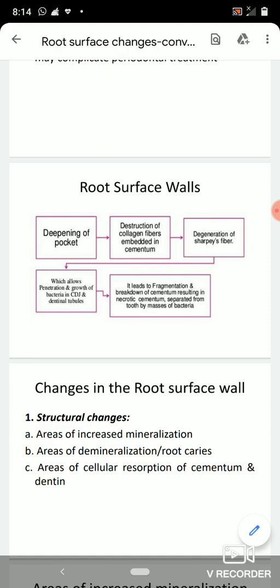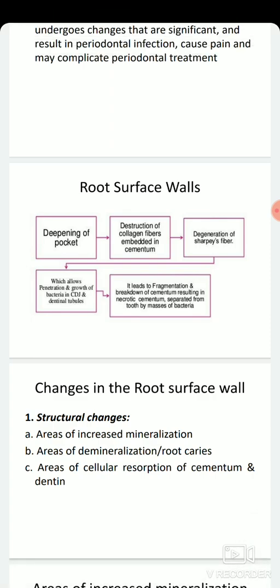Growth of bacteria leads to fragmentation and breakdown of the cemental surface, and it may result in areas of necrotic cementum that are separated from the tooth by masses of bacteria.